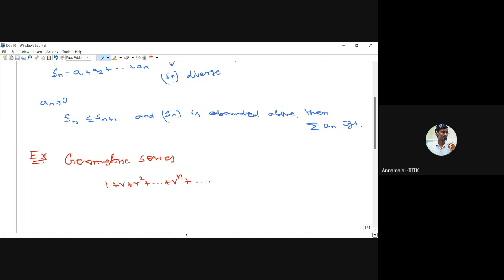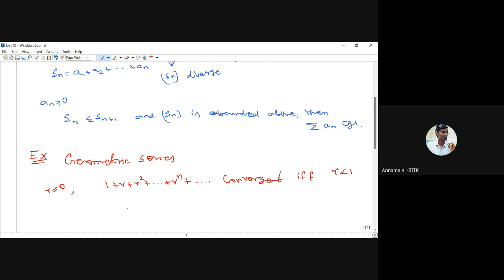What is the condition on r? r should be positive, so r is greater than or equal to 0. Then this series is called a geometric series. And this series converges if and only if r is less than 1. We already know that r is positive. Now r should be strictly less than 1.